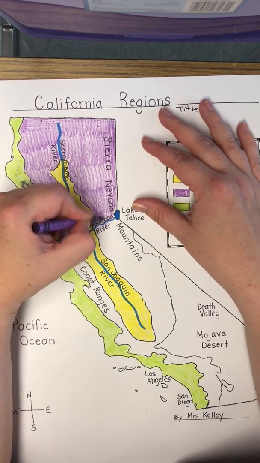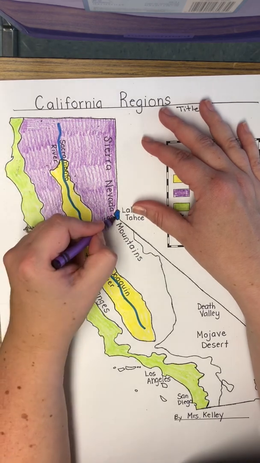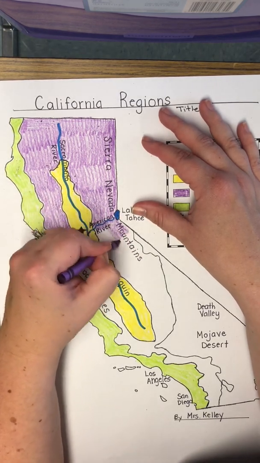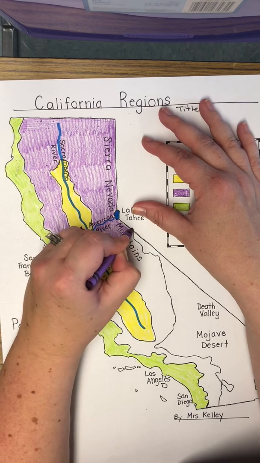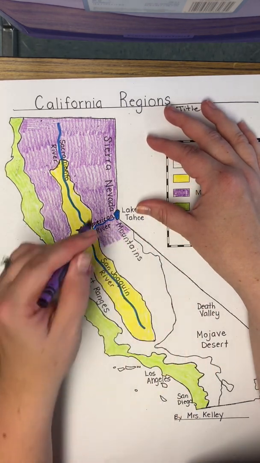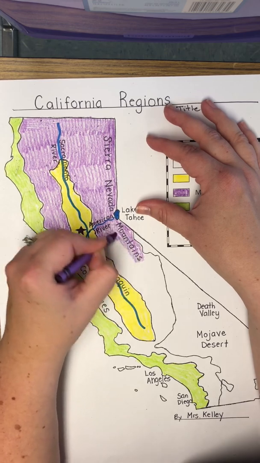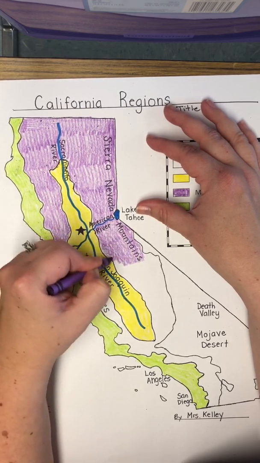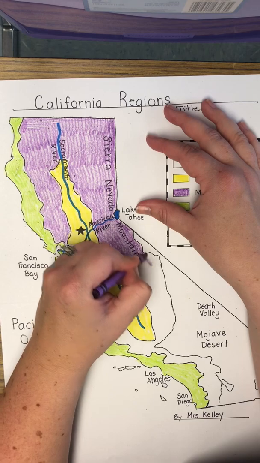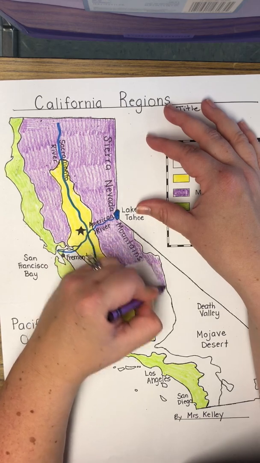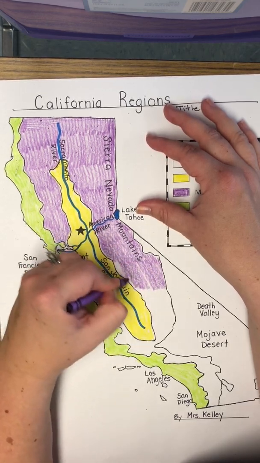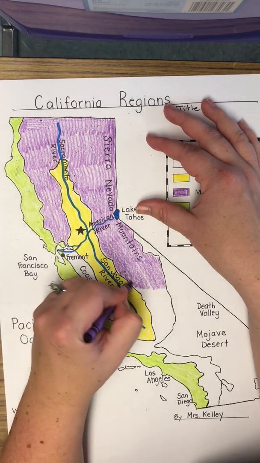These Sierra Nevada mountains. All the way down past Lake Tahoe. But I'm not going to color this line here. Carefully go around that. That's a different region. I bet you can guess what that region is. There we go.